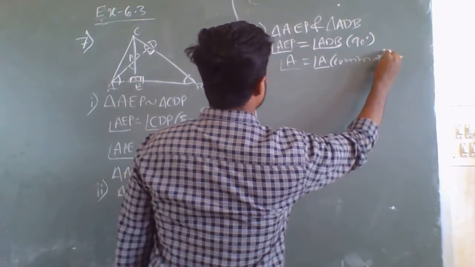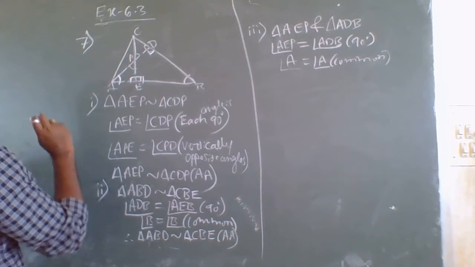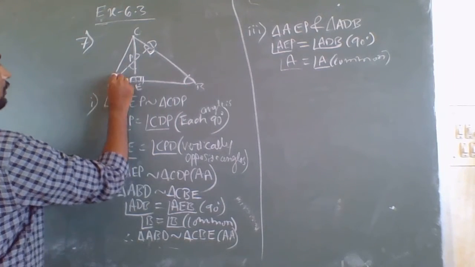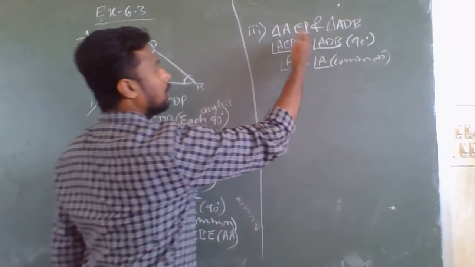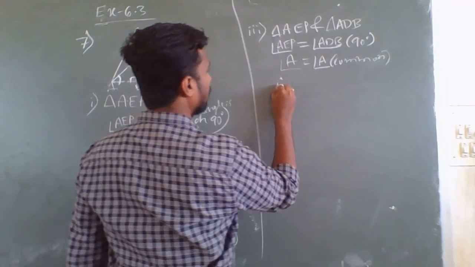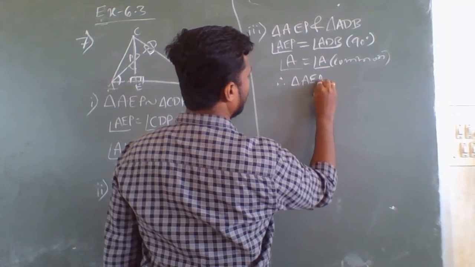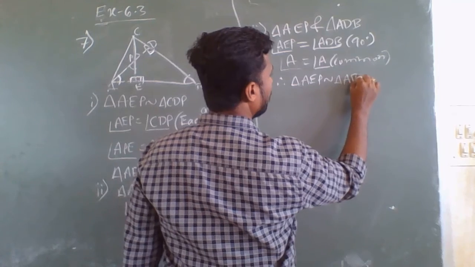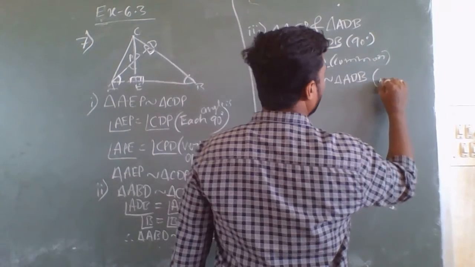AEP means angle A is there, and ADB means again angle A is there. Therefore angle A is common in both triangles. Therefore we can write that triangle AEP is similar to triangle ADB by AA.